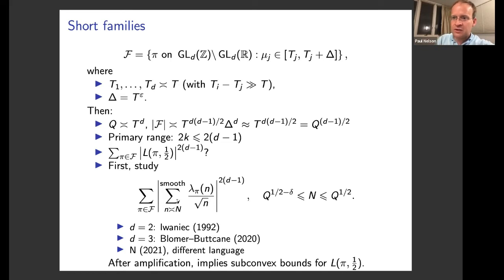I'll explain the translation in a few slides, but I proved something that morally is like an asymptotic evaluation of a sum like this. Like in the previous cases, one can amplify and then use it to get subconvex bounds for L-functions, assuming they lie in families of the indicated shape.